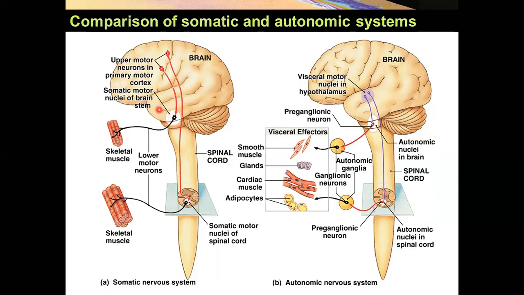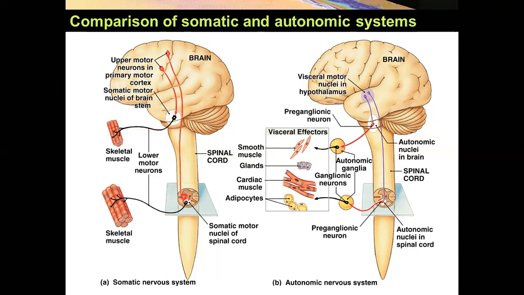Now, the lower motor neurons in the body are found in two different places. One is the cranial motor nuclei in the brain stem. The axons of the cranial motor nuclei form the lower motor neurons, which are, in this case, the cranial nerves.